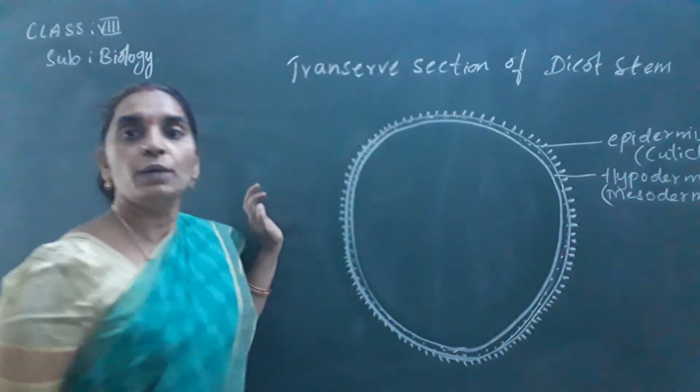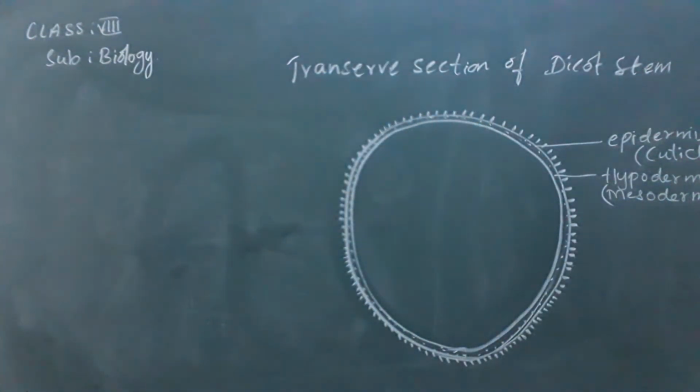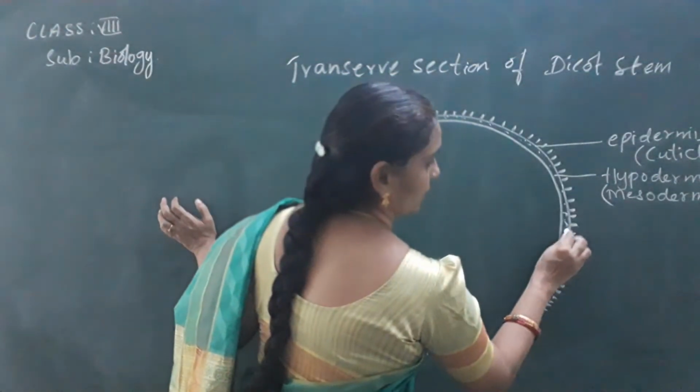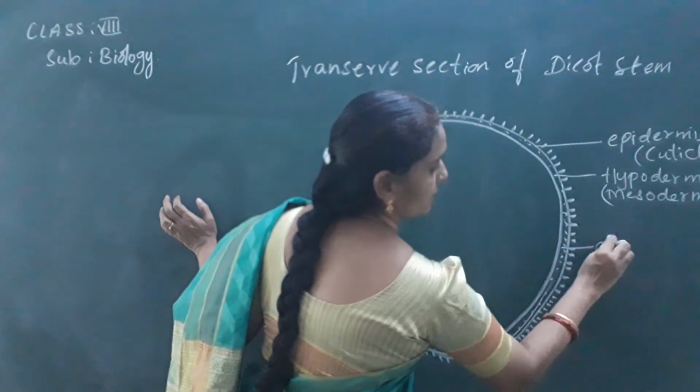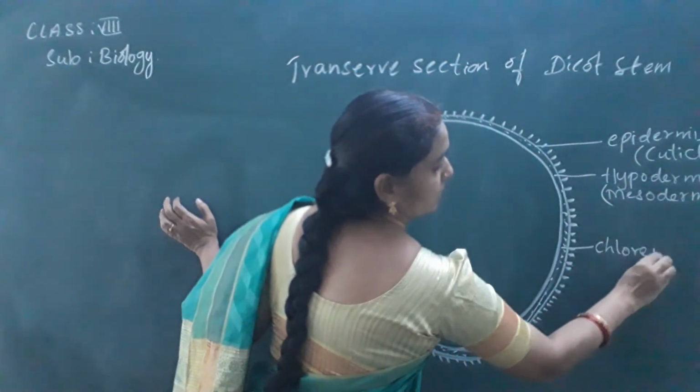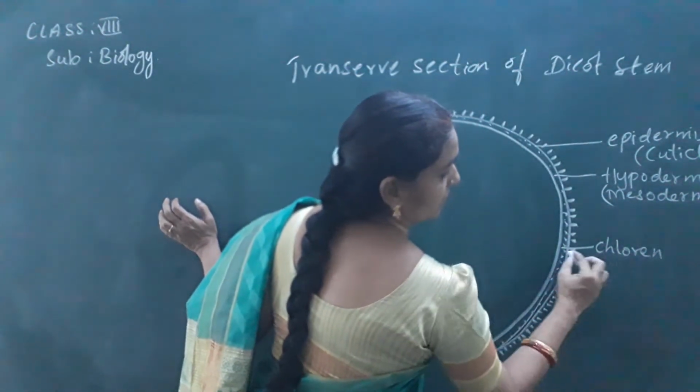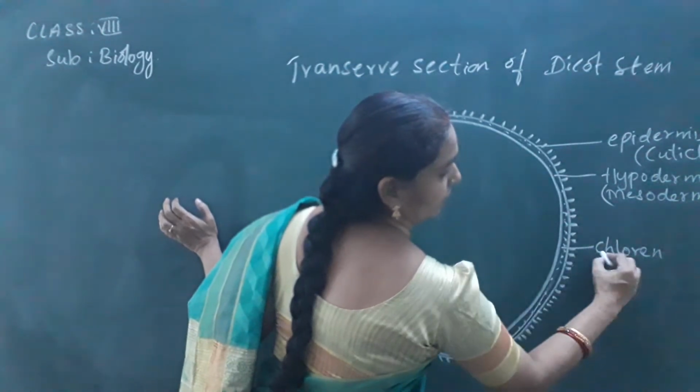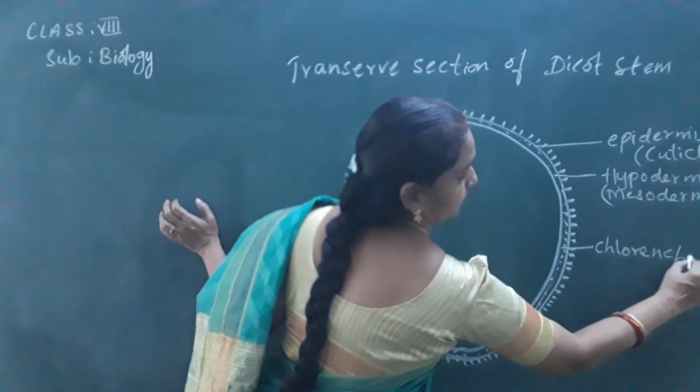Epidermis and mesodermis. Okay, and next, third part, this is a chlorenchyma, where the photosynthesis process takes place through this region, the part of the cell. Okay, chlorenchyma.